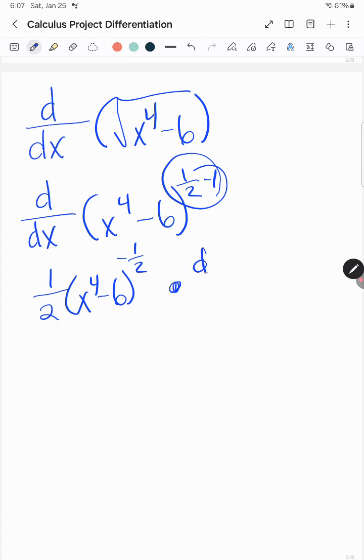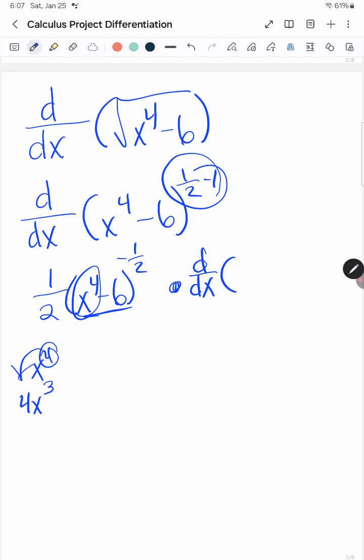And then we're going to have to multiply again by the derivative of the inside. So the derivative of the inside, we're going to take this x to the fourth, and we're going to bring that 4 down using the power rule. We get 4x, 4 minus 1 is going to be 3.